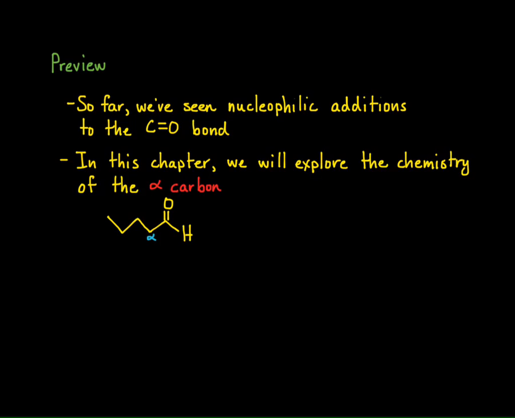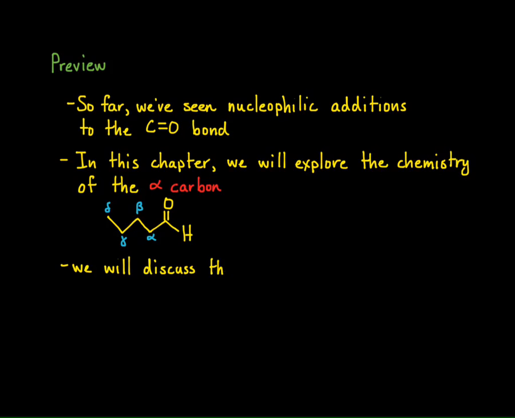The alpha carbon is a carbon attached to a carbonyl group. And of course, the beta carbon is a carbon attached to an alpha carbon, and a gamma carbon is attached to a beta carbon, and a delta carbon is attached to a gamma carbon. So that's how we classify the different types of carbons coming off of a carbonyl compound.